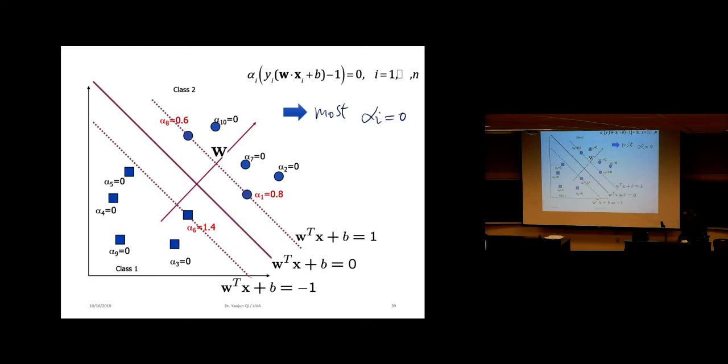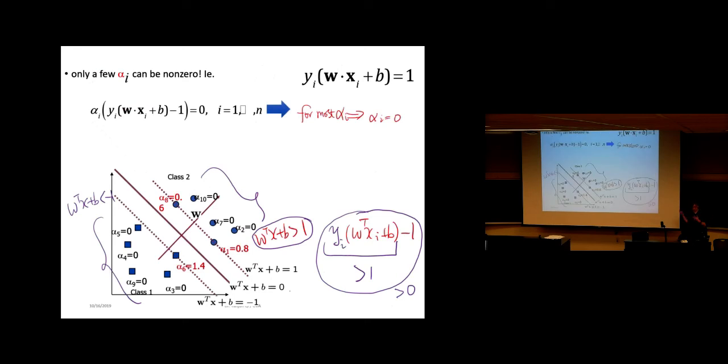Okay, so this is it. I tried to give you an intuitive way to see that. Those points that are correctly predicted, their alpha I will be 0. Those points on the boundary in the hard case, their alpha will not be 0, it will be positive. This is showing a hard SVM case, and you can derive it exactly as I was trying to do on the previous page.